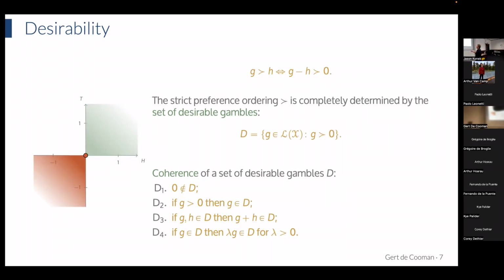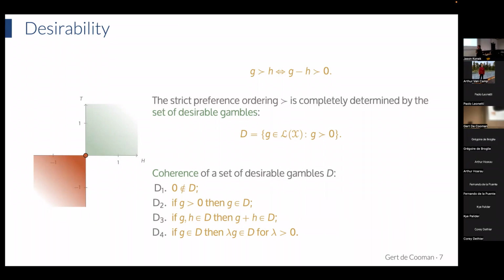Yeah, indeed. So if I take anyone here, suppose it's in there. Its negation, so its minus, will be in the green region, so it will also be there, and the sum of the 2 is 0, and that must also be there. It can't be there because of the plus. So red is forbidden. So there can be no negative gambles in that set of desirable gambles.